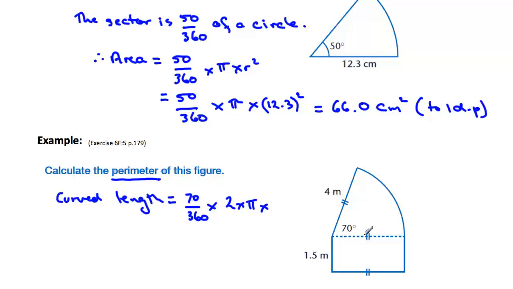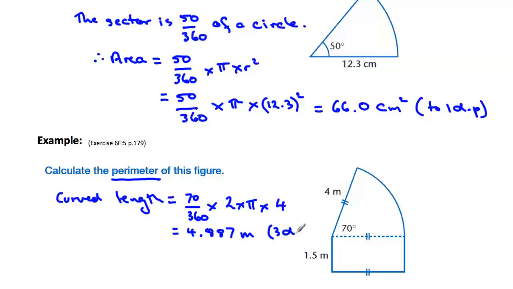But let's put the radius straight in, in this case 4 metres, and we get 4.887 metres. You check this with your calculator.